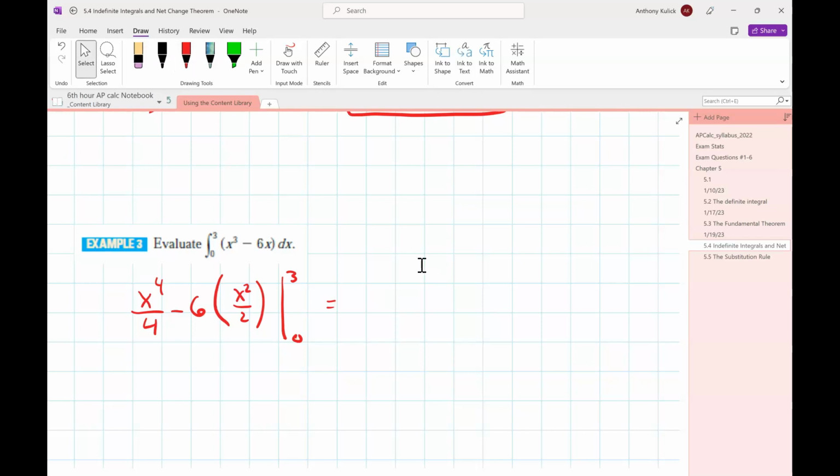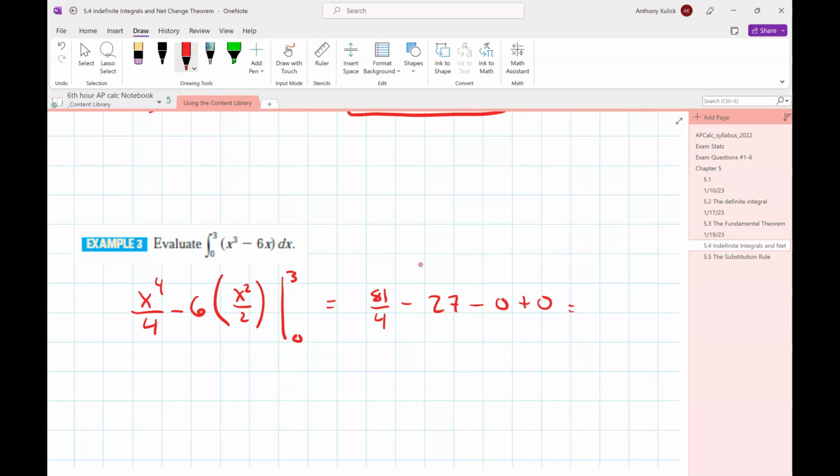So 3 to the 4th is 81. And then 3 squared is 9, and over 2 and times 6, it turns into 27. And if I do 0, whatever that is, I don't care. 108 over 4 is 27.